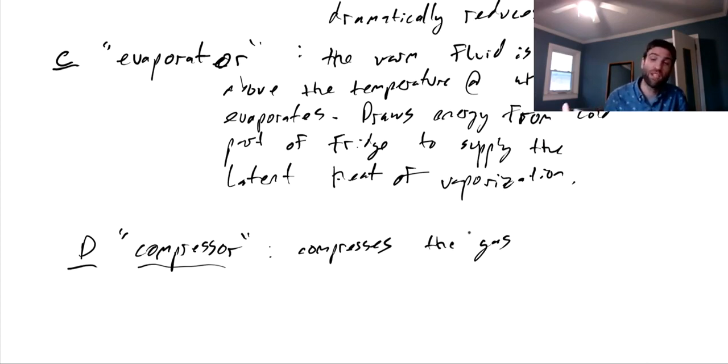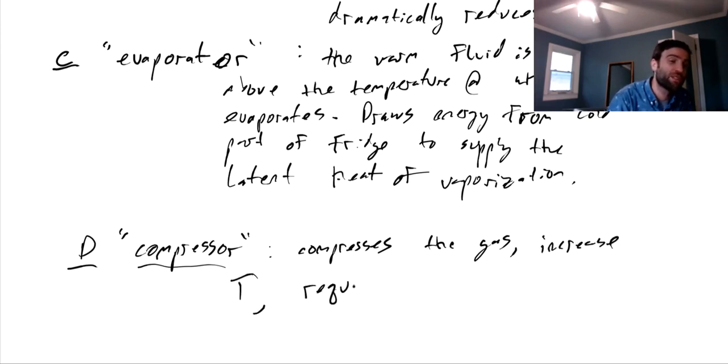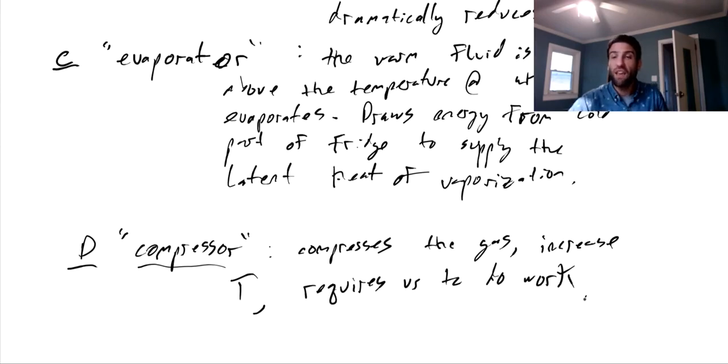The compressor does work on the incoming low density coldish gas, jamming it up into a smaller volume, and in the process increasing its temperature. Compresses the gas, increases temperature, requires us to do work. And there you have it. That's how a vapor compression refrigeration cycle works.